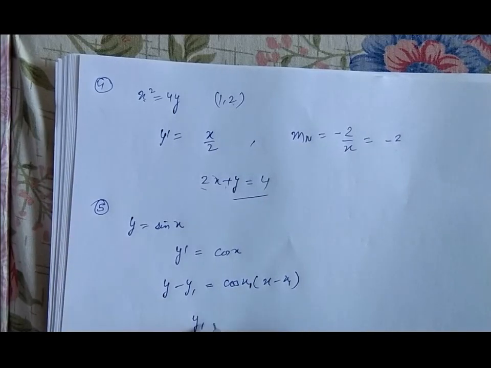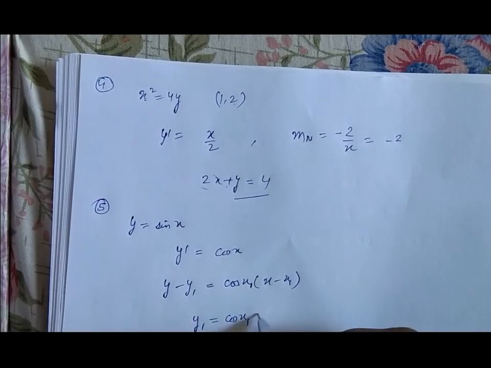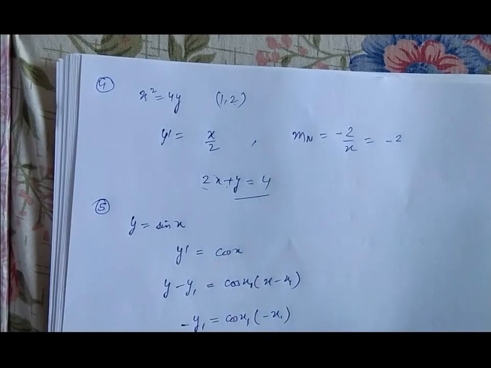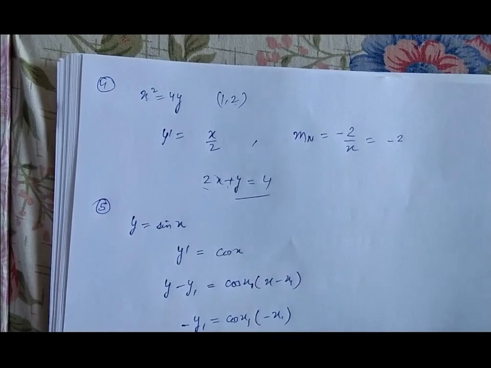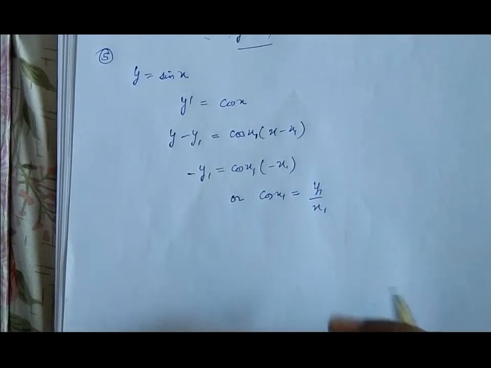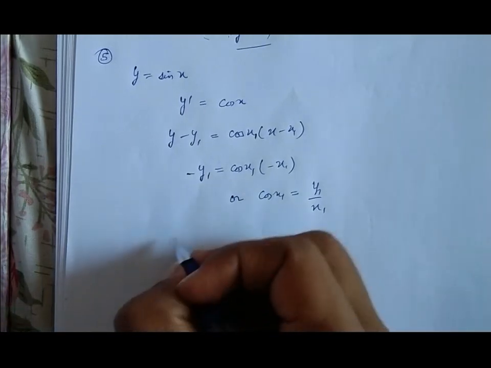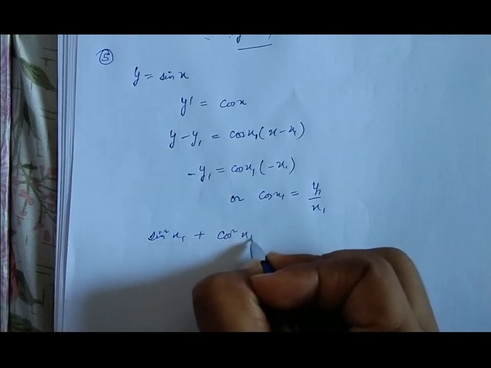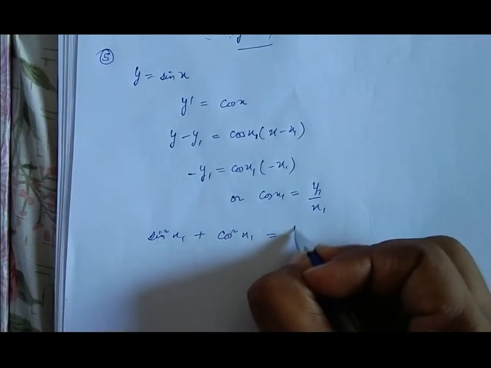So y1 equal to cos of x1 into minus of x1, or cos of x1 equal to y1 by x1. Okay, so now we have obtained the value of cos x1. Now sin square x1 plus cos square x1 is equal to 1.